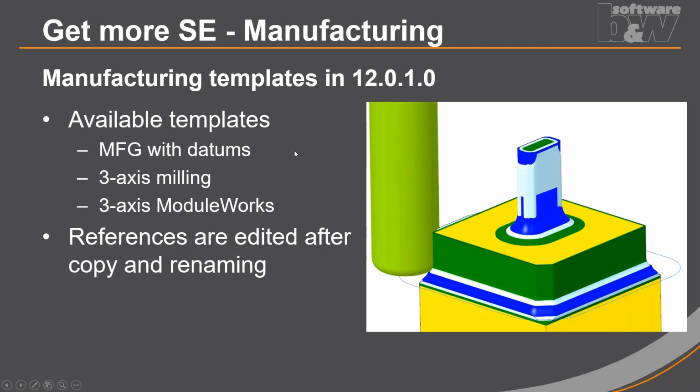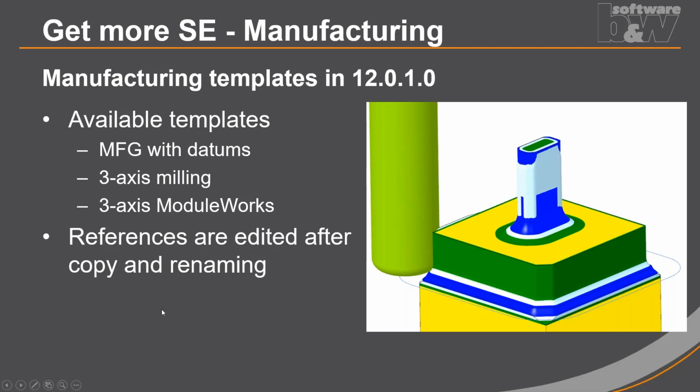It's just an empty manufacturing assembly with some datums inside. One template for 3-axis milling with some basic milling sequences, and a 3-axis module works assembly, which can be used to create your own manufacturing templates if you're using Creo NC.